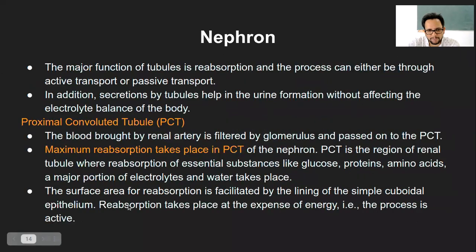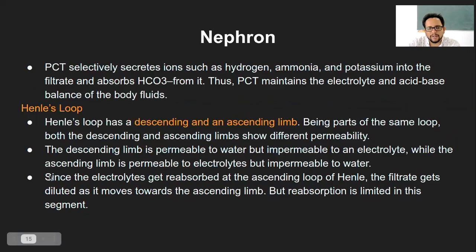So that was the last point. The electrolytes get reabsorbed at the ascending limb of Henle's loop, and the filtrate gets diluted as it moves through the ascending limb. That is the second part. First it remains concentrated because water is going out and electrolyte is as it is: less water, more electrolyte.